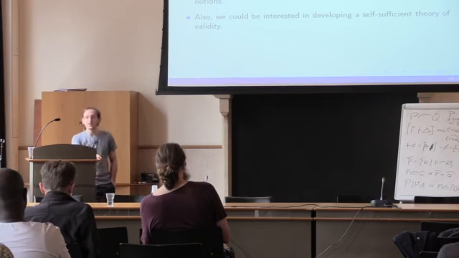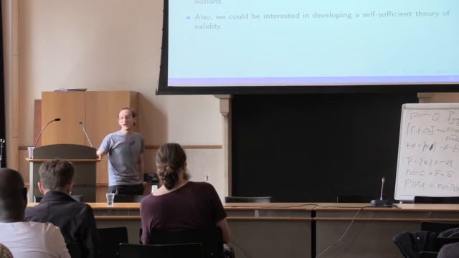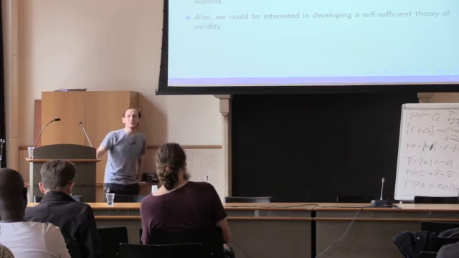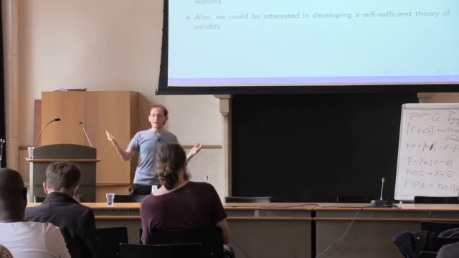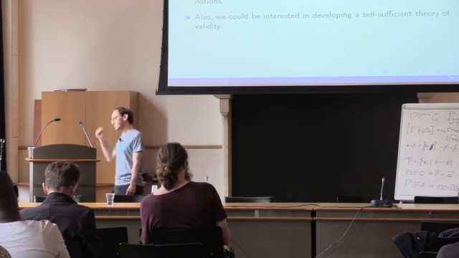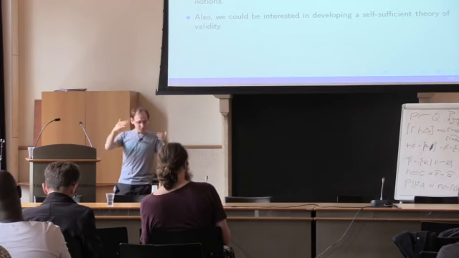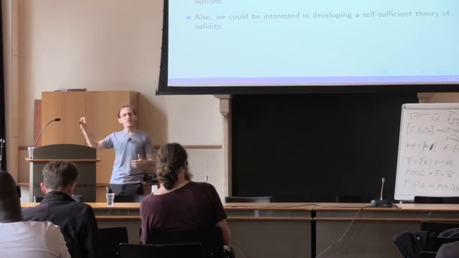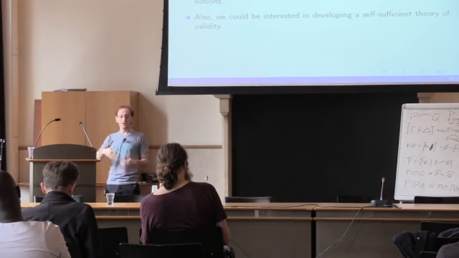The second thing that I want to say is that one might be interested in offering what I'll call a self-sufficient theory of validity. That is a theory that talks about the validity of its own arguments. This is what we do in English. So in English, we talk about the validity of arguments in English. Okay? There's no need to postulate this distinction between an object language and a meta language, which is richer and from which we discuss the validity of the arguments of the object language.